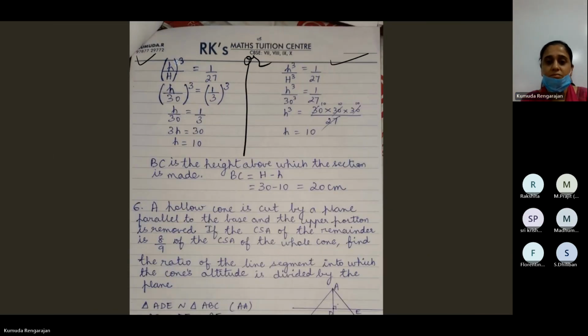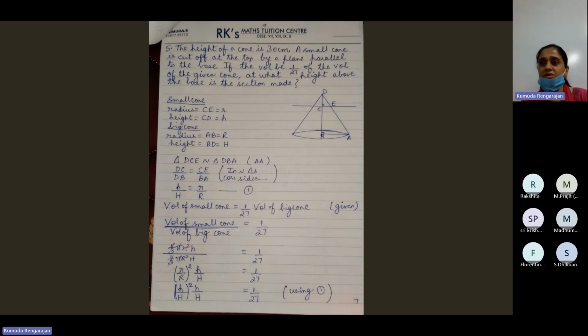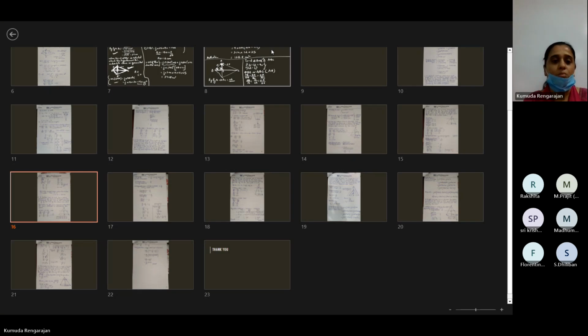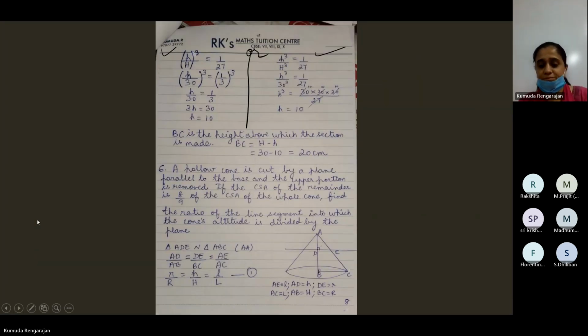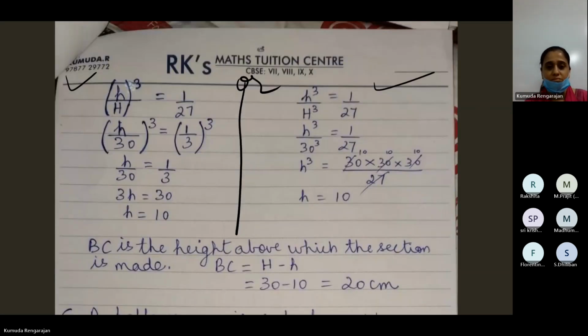In the question. You can check. It's given. The height of a cone is 30 centimeters. On the left and right, it's a continuation of the earlier one. You can do it like this or like that.